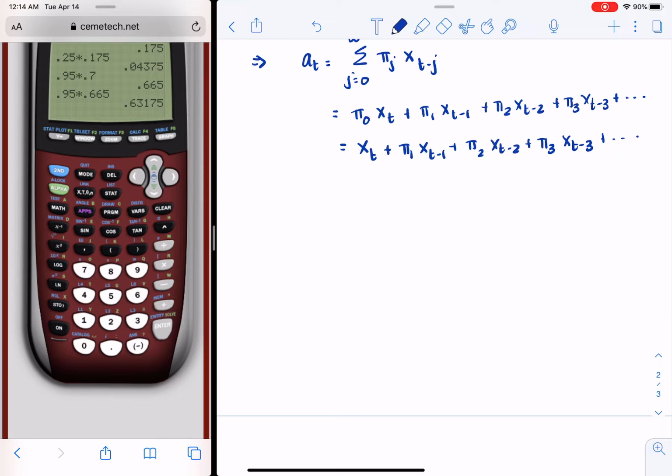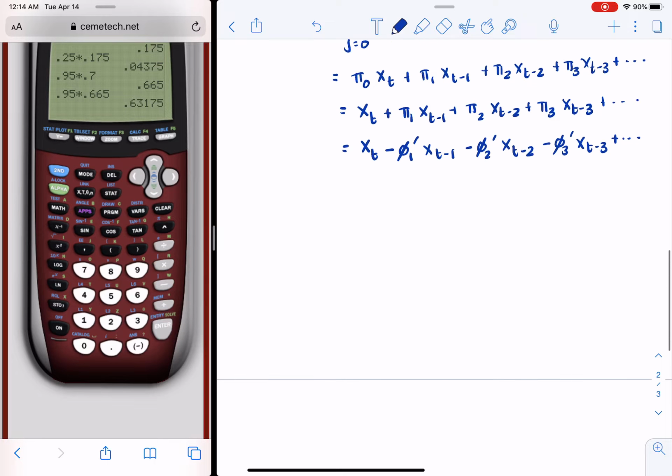But before we can do that, we should realize that I could write it as negative phi 1 prime xt minus 1, negative phi 2 prime xt minus 2, negative phi 3 prime xt minus 3, and so on.